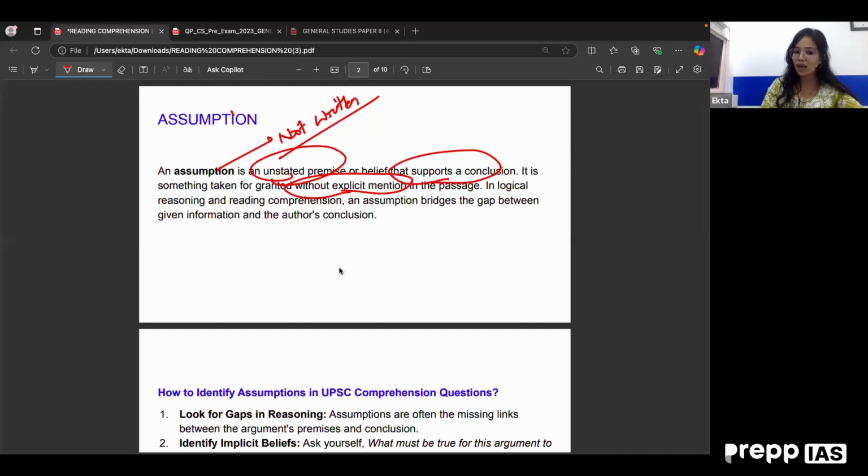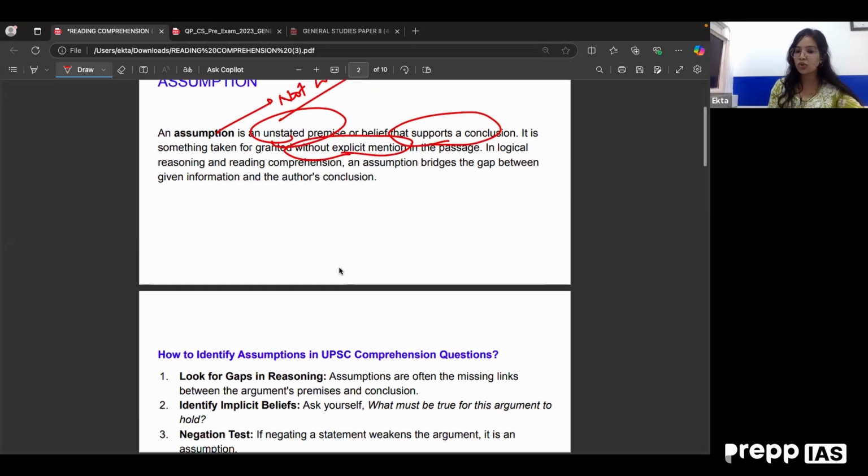So if I am assuming that CSAT is important, without CSAT, it is difficult to clear the prelims examination. तो ये मेरा assumption है. That's why I am saying कि CSAT करना चाहिए. That is assumption. जो एक behind the thought होता है, as Yogita said, उस passage को या उस conversation को true होने के लिए.